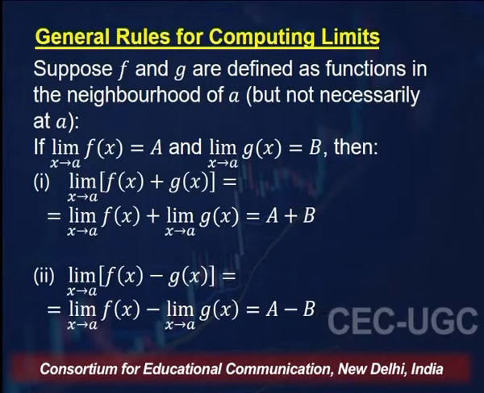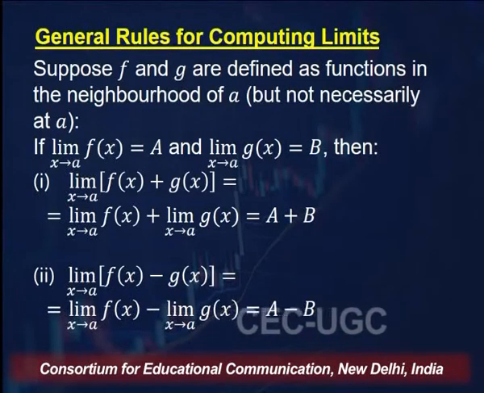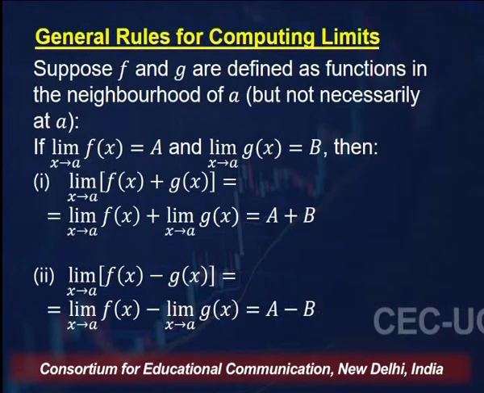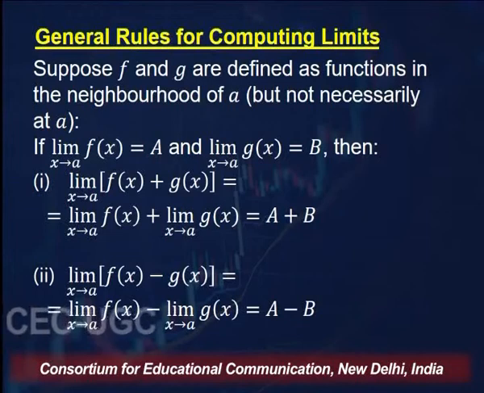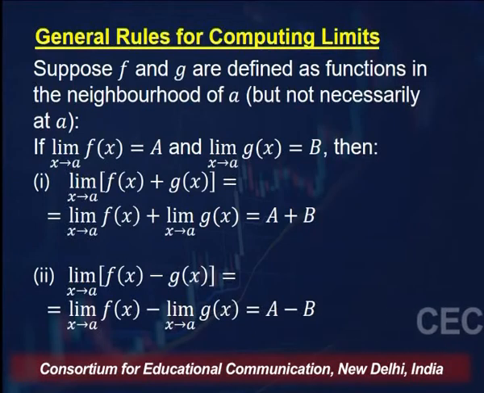Now, to understand these general rules, we'll just set up a bit of a base here. So let's suppose we have two functions, f and g. And again, these are functions which are defined in the neighborhood of a. They may or may not be defined at a, that's beside the point, but they are definitely defined in the neighborhood of a, which allows us then to investigate what the limit might be if it exists.